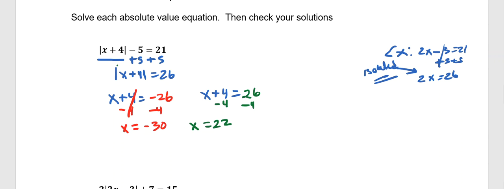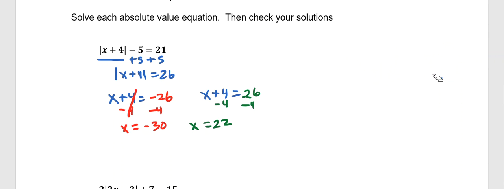So let's do a quick check. I'm going to erase all this, it's just getting in my way. If I do the check of -30, I have the absolute value of -30 plus 4, then I'll subtract 5 and see if it equals 21.